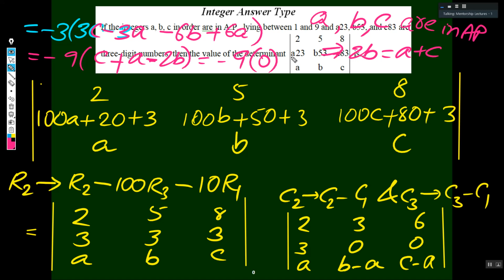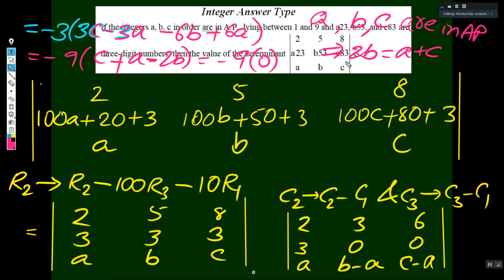A is in hundreds position, 2 is in tens position, and 3 is in ones position. Thereby it becomes 100A plus 20 plus 3. So 100B plus 50 plus 3. Like that. I want to make it clear. And rest of them is row column operations only. And finally, we have got C plus A minus 2B.